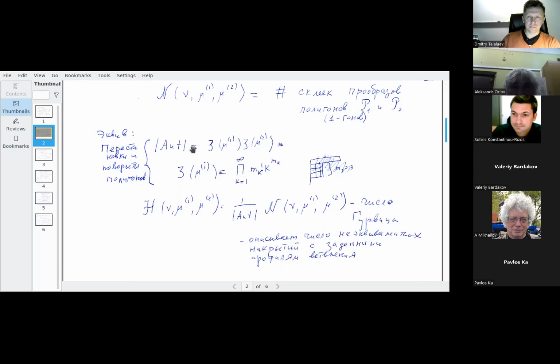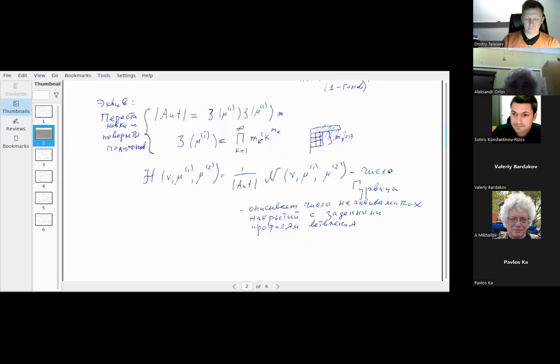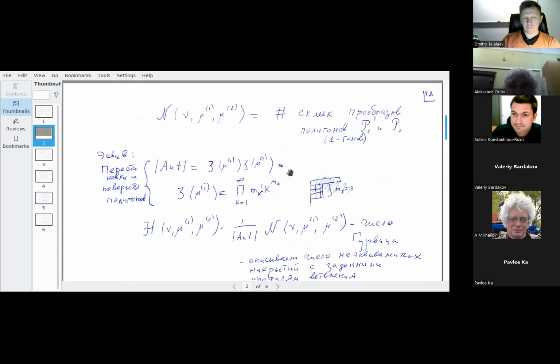So denote this number n, and we introduce an equivalence of the gluing. If we have polygons with the same number of edges, we can permute them, and we can rotate polygons. We do not want to count these things, so we divide this number of ways to glue by this automorphism.